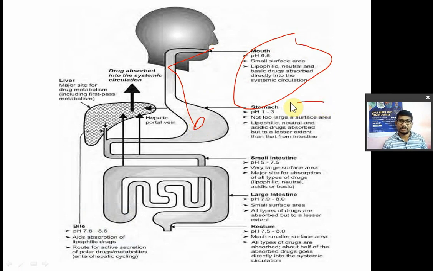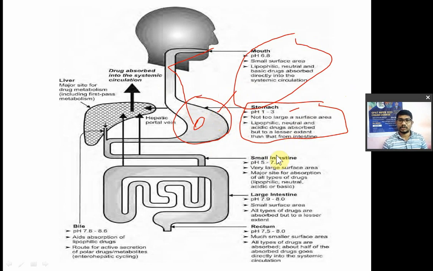So what is the pH of the stomach? It is around 1 to 3. The stomach has an acidic pH, and it offers limited surface area for absorption, because the area of the stomach is less as compared to the small intestine. So most of the drugs are not absorbed in very large amounts from the stomach, though that depends on the physicochemical properties of the drug.